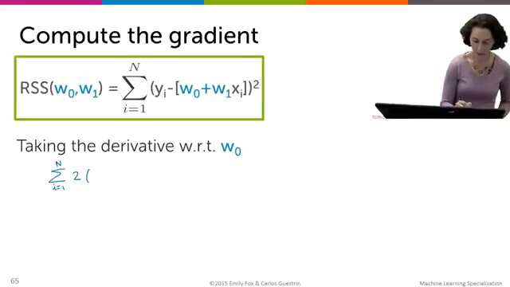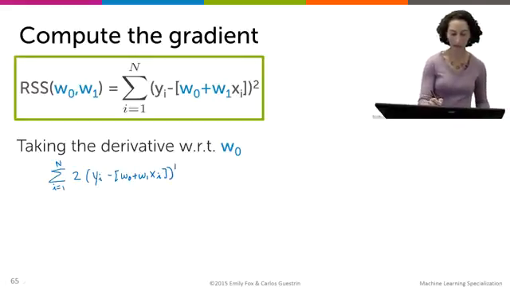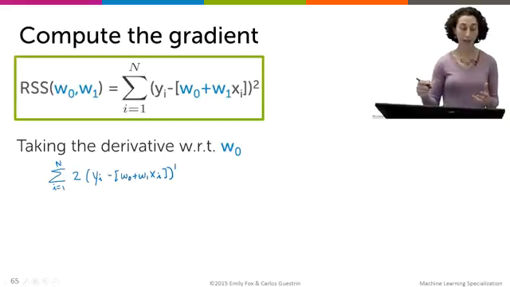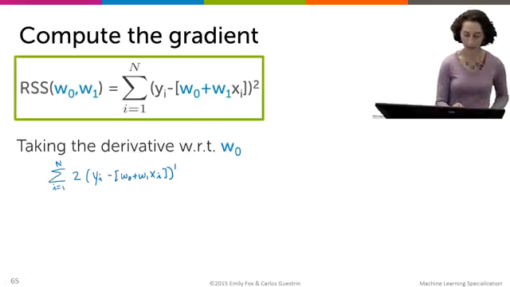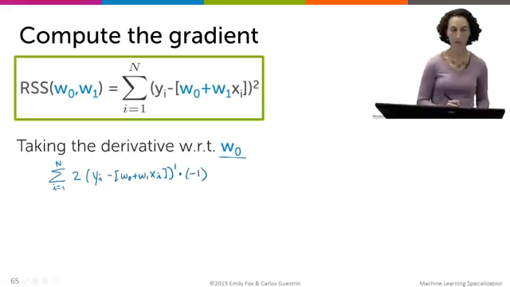So I'm going to get a 2 here, rewrite the function, plus w1 xi, and now the power is just going to be 1. But then I have to take the derivative of the inside. What's the derivative of the inside when I'm taking this derivative with respect to w0? Well, I have a minus 1 multiplying w0, and everything else I'm just treating as a constant. So I need to multiply by minus 1.